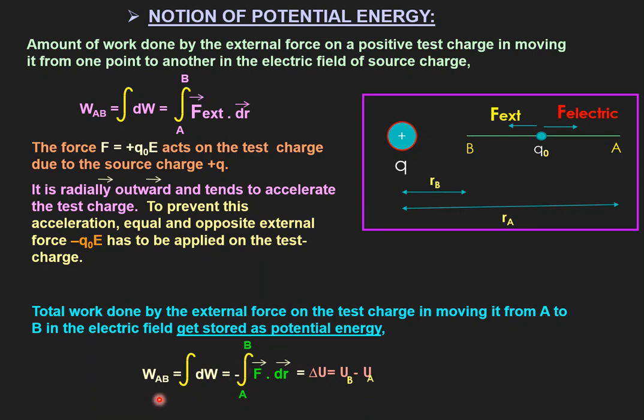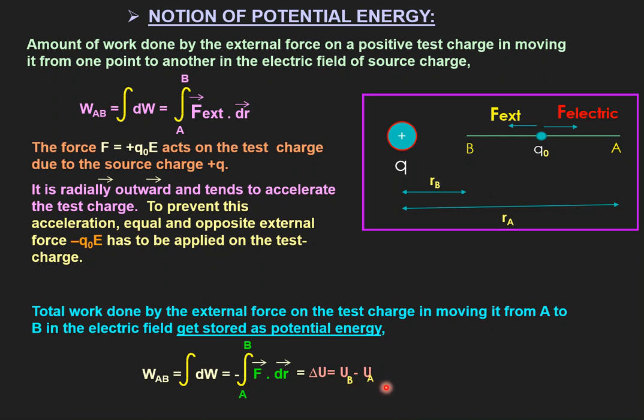So this work done in moving the test charge from point A to point B without acceleration will appear as potential energy. Since we started the test charge from point A and brought it till point B, this amount of work done will be equal to the change in potential energy, that is, the potential energy difference. Difference is always potential energy at the final point minus potential energy at the initial point.